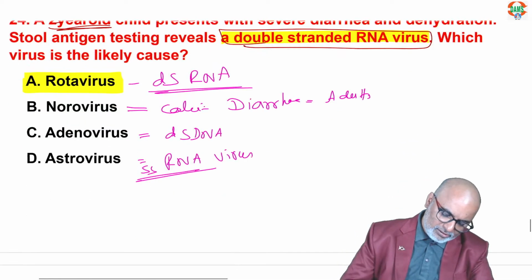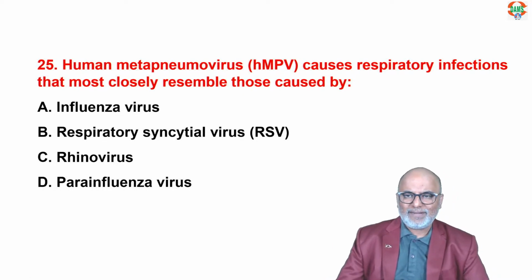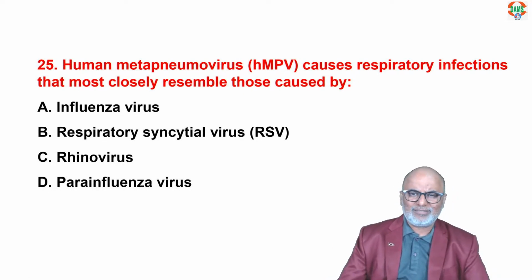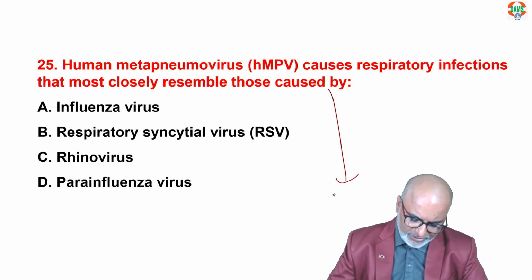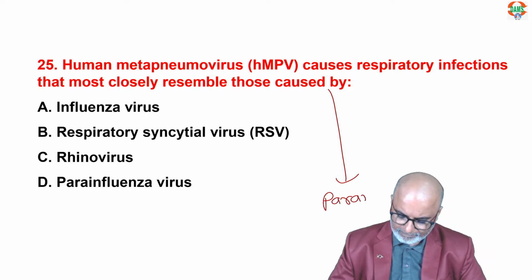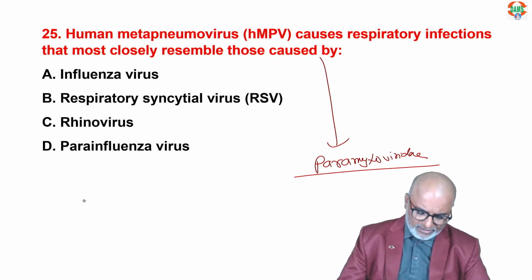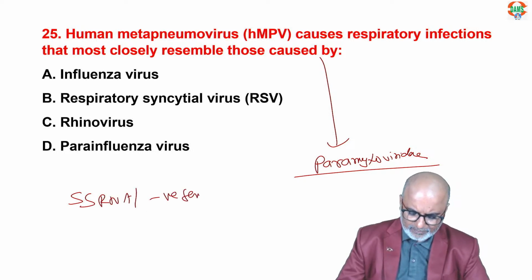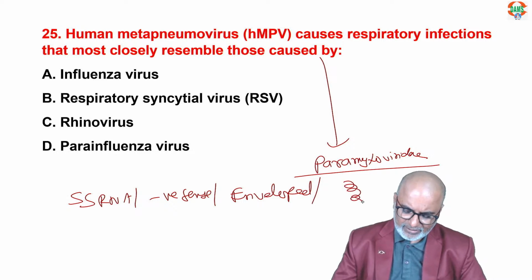Okay. Last question. Human metapneumovirus respiratory infection most closely resembles? Human metapneumovirus belongs to Paramyxoviridae. It is single-stranded RNA, negative sense, enveloped, with helical symmetry.